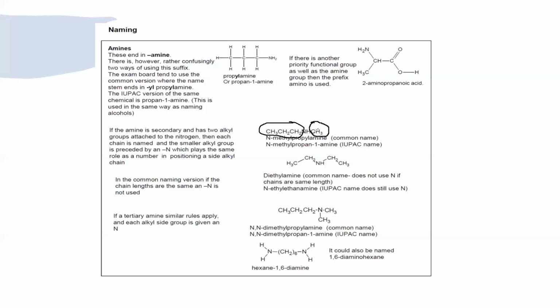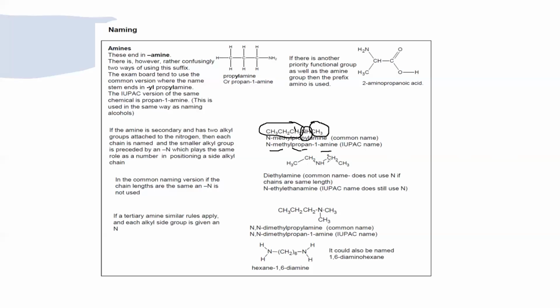So the smaller carbon number refers to the branch, and the larger carbon number refers to the main chain. So with nitrogen, a methyl group is attached, N-methyl. 3 carbons are there, 1, 2, 3. So that's why prop, they have single bonds, so an. And the first carbon is attached with the amine. So it is 1-amine. That's the standard or IUPAC name.